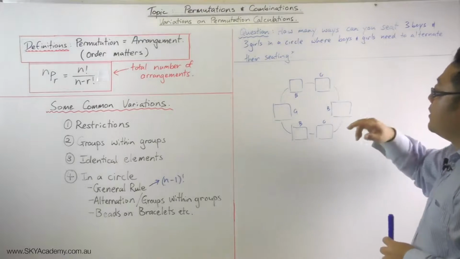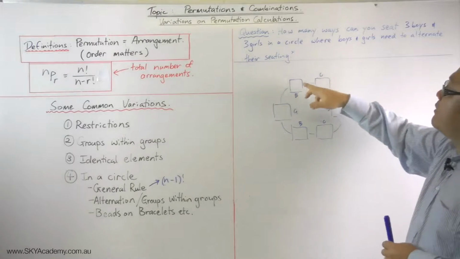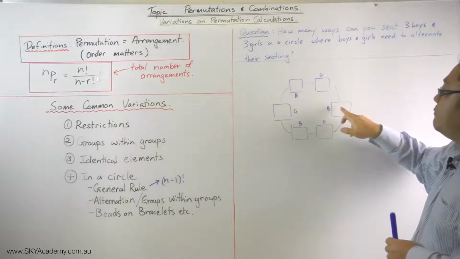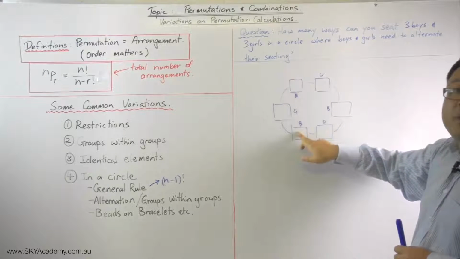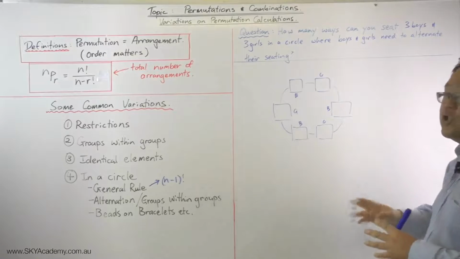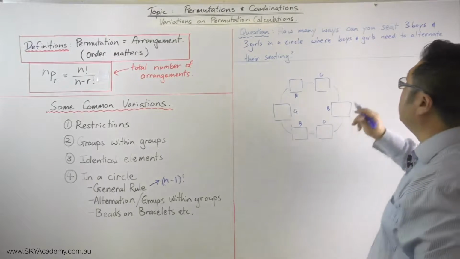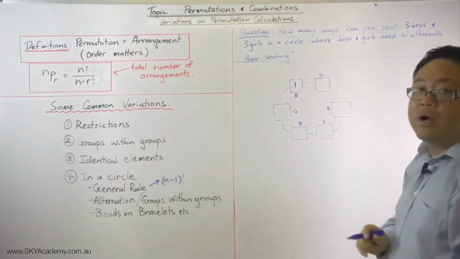So, ordinarily, how many boys can fit in boy position 1? Ordinarily, it would be 3 boys in position 1, 2 boys in position 2, and 1 boy in position 3. But what we're going to do is anchor 1 boy into place. So even though there are 3 boys, we're going to anchor this boy into position 1.